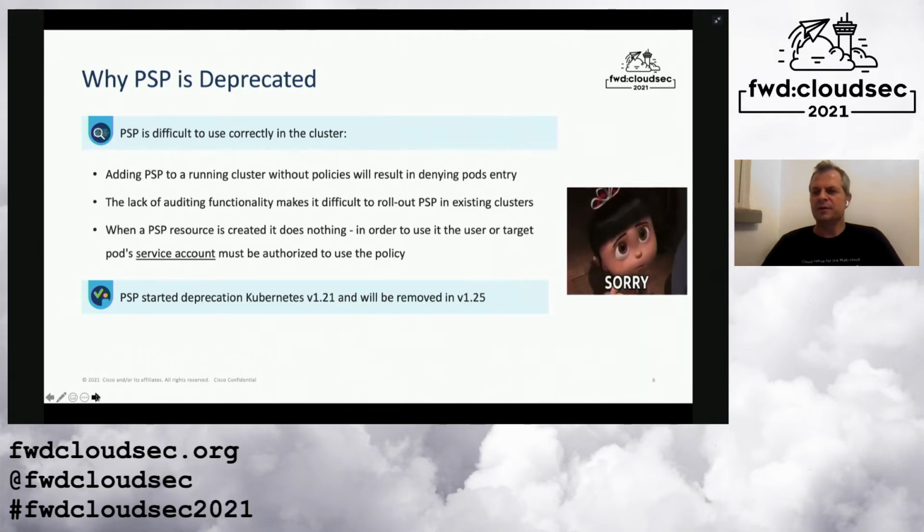This can sometimes be missed in corner cases of large deployments with multiple service accounts or replica sets, and the result will be bad. Consequently, PSP is deprecated, and it is going to be finally removed in 1.25.